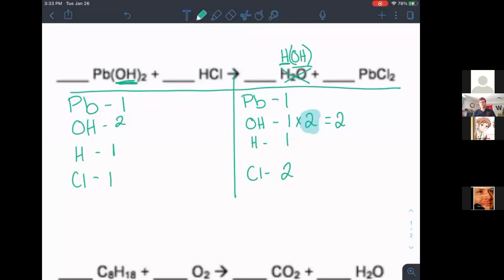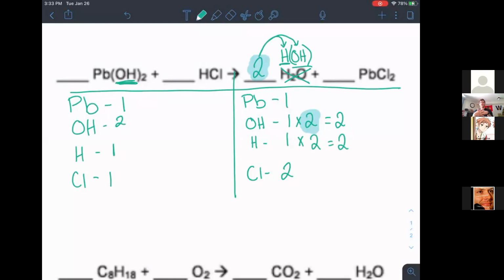I put it over the line right here. Perfect. We put it in front of our H2O or HOH. And that 2 now goes into just the hydroxide? Also the hydrogen. It gets distributed into both. So we multiply this by 2, and now we have 2.